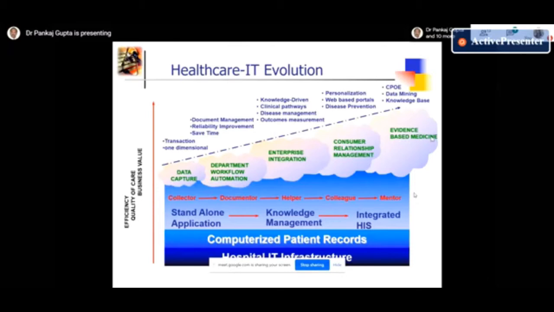So that is the maturity model. The system becomes a mentor, so to say. That's the Gartner model. It's not mine. It came from Gartner, and I have adopted it and applied it to healthcare IT. The Gartner model is across all industries, not just healthcare.